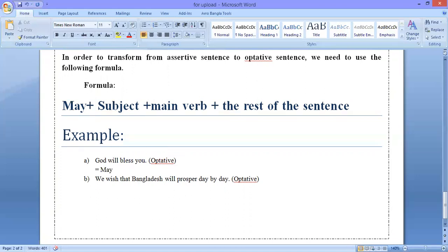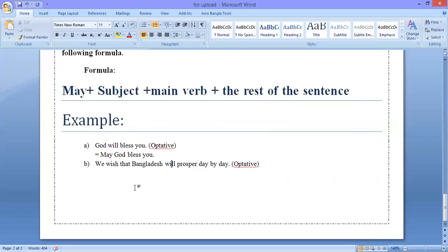So I have brought may at the beginning. After that, we shall have to use the subject. So that means God. After that, we shall have to write the main verb. So bless you. So the optative form of God will bless you is may God bless you.